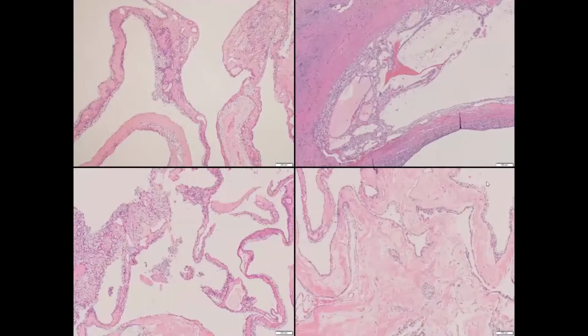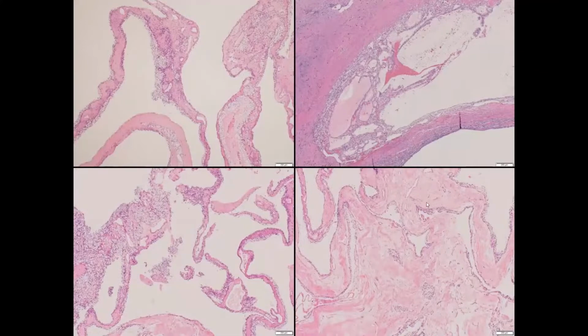And then finally, you may see some cases where it resembles multiloculated cystic, but you see areas in the stroma that show this type of hyalinization and fibrosis, which represent areas of regression of clear cell renal carcinoma. In fact, in this particular case, you can see a remnant nest of clear cells right here.